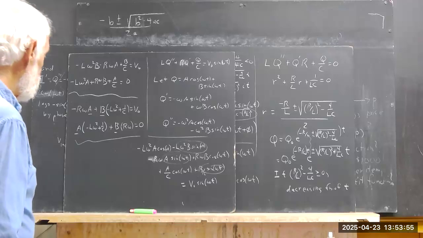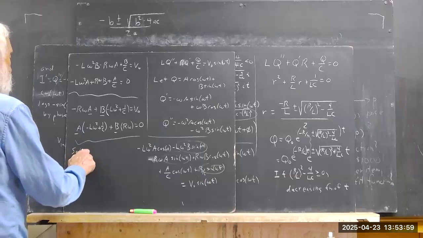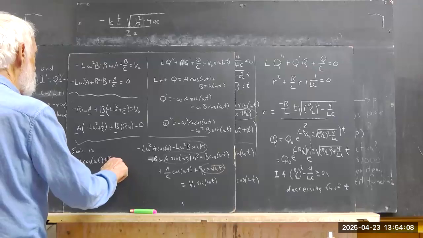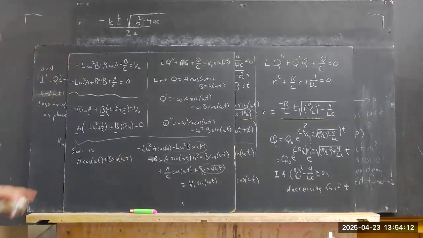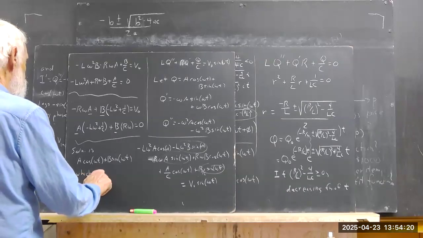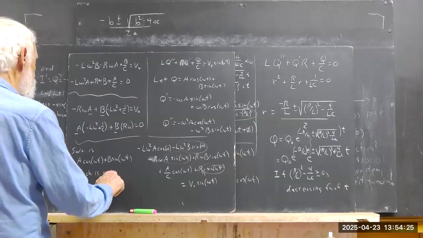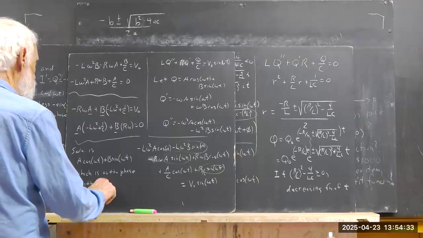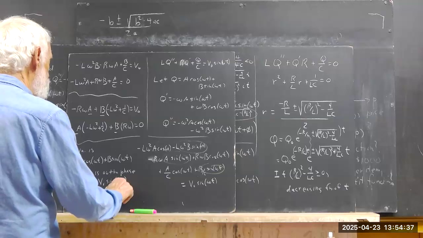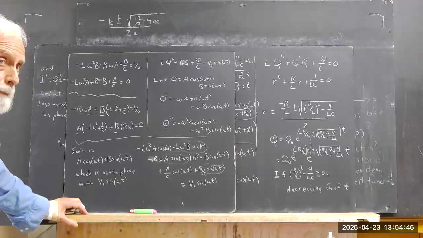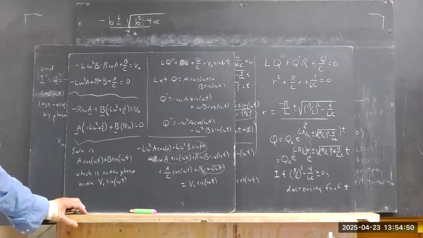Now, my point is that you're going to get A cosine omega t plus B sine omega t, which is out of phase with V naught sine of omega t. Make sense?